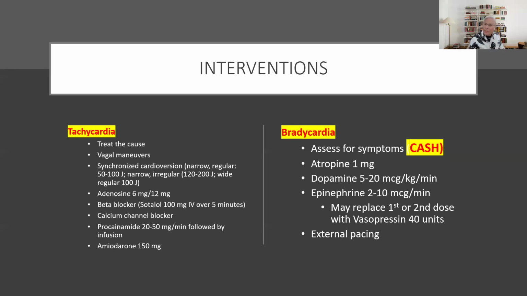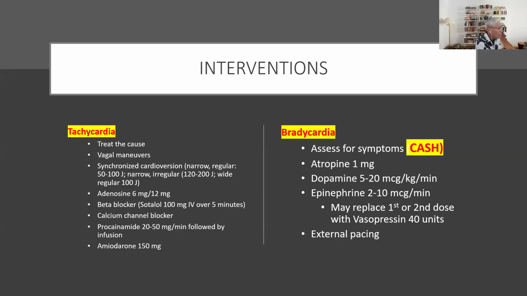Now, the next thing that we're going to do, if that doesn't work, particularly if the patient is symptomatic and gradually declining as far as cardiac output is concerned, is that we might have to institute drug therapy. And what are the drug therapies that might be included in the management of tachycardia?